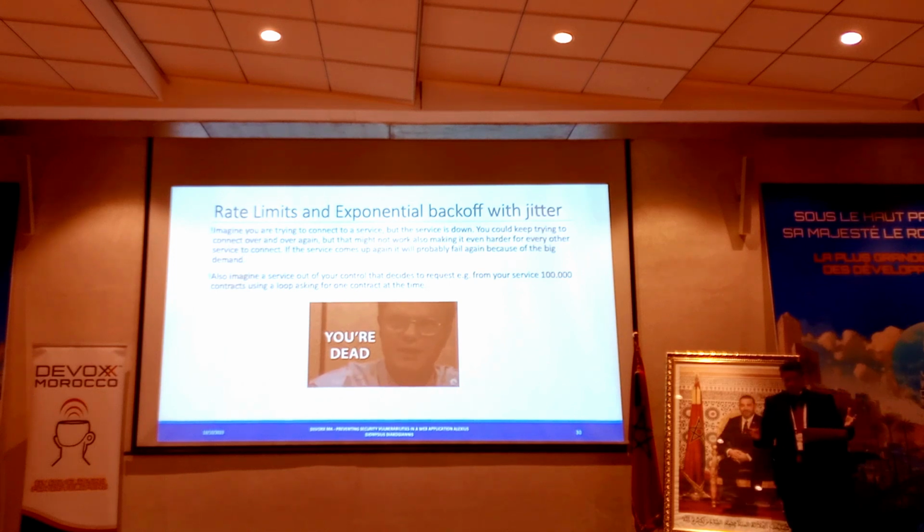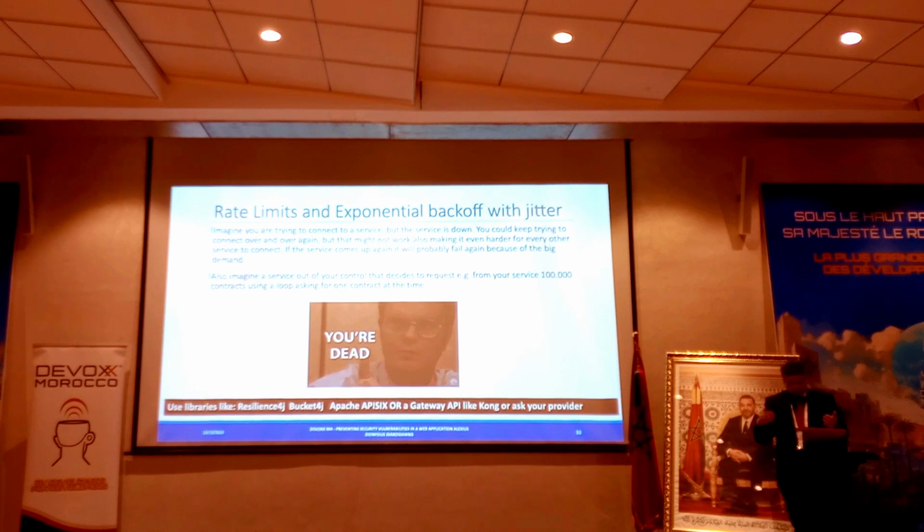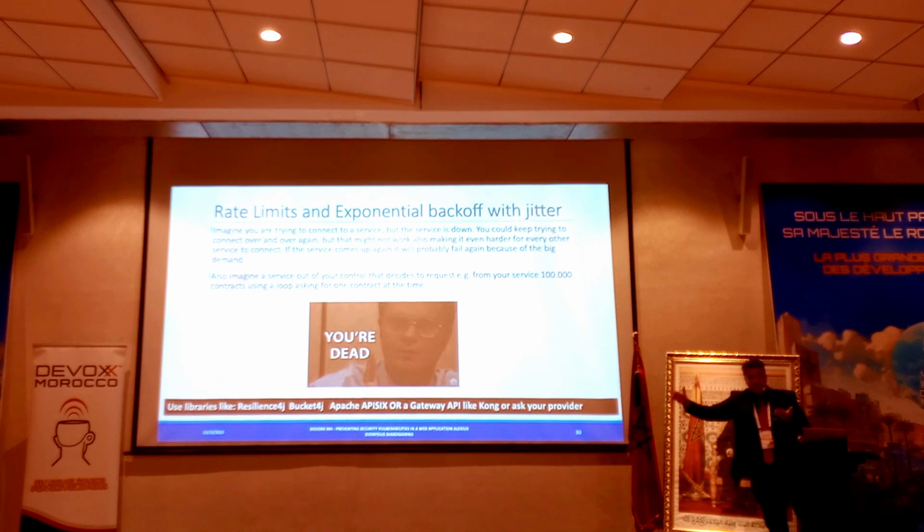What you need to do is to use libraries like Resilience4j or similar, or ask your provider so that you can rate limit the requests, but also distribute them so that they won't have everything at the same time and kill you.